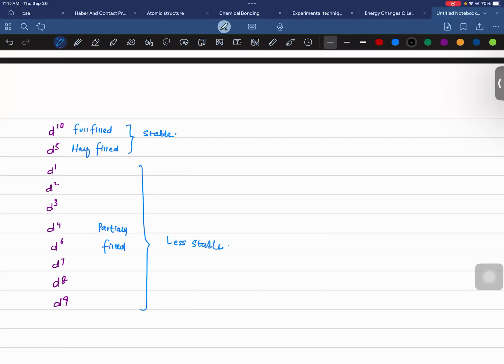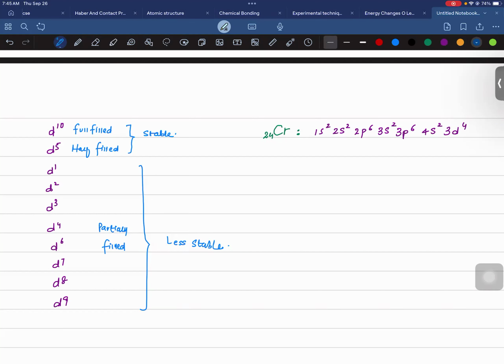Okay, so now we are supposed to apply this concept on the chromium. If you can see this, this is the chromium whose proton number is 24. So what did you write? 1s2, 2s2, 2p6, 3s2, 3p6, 4s2, 3d4.